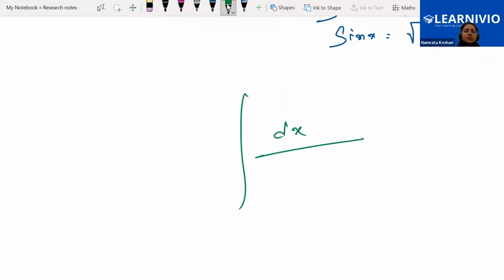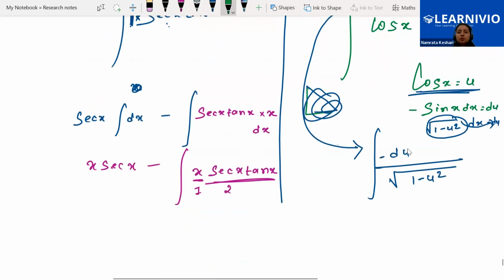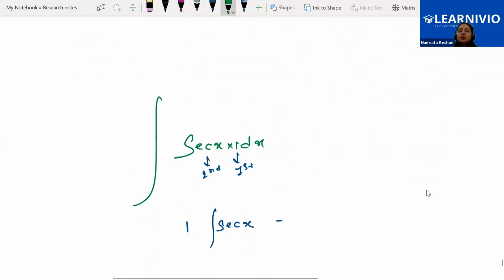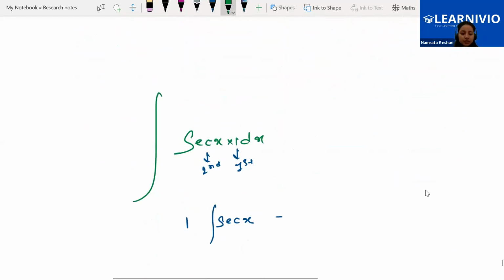Is it sine inverse? Yes, ma'am. It is sine inverse, but du is negative, so we can keep the minus out. We don't have to worry about that. Let me confirm, is it sine inverse itself?